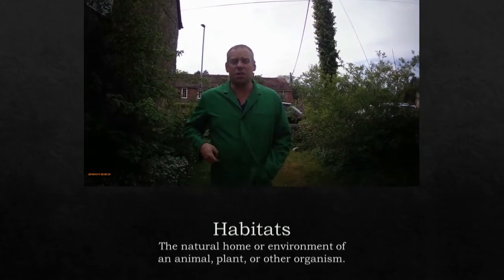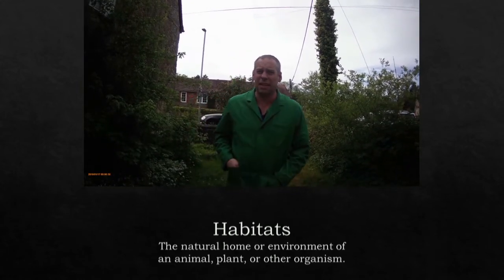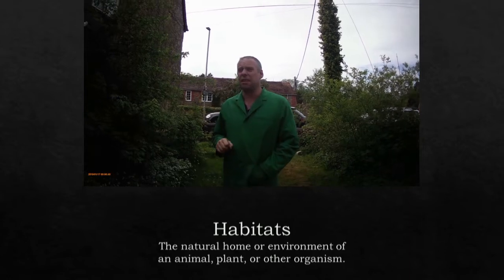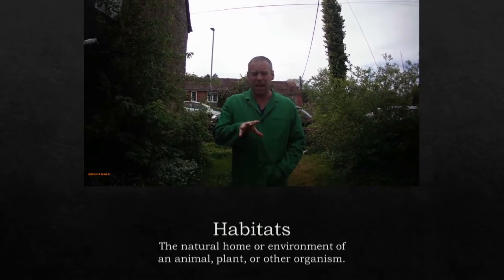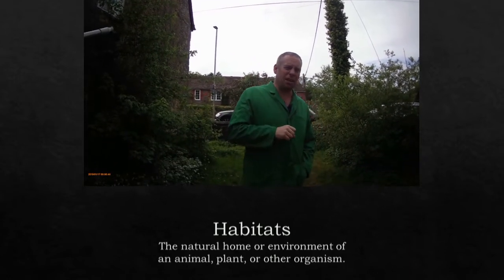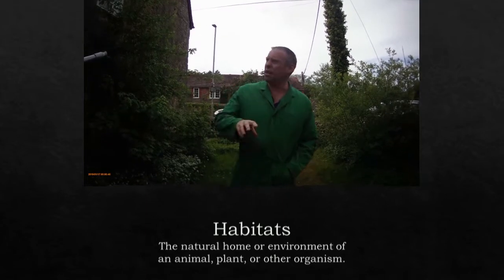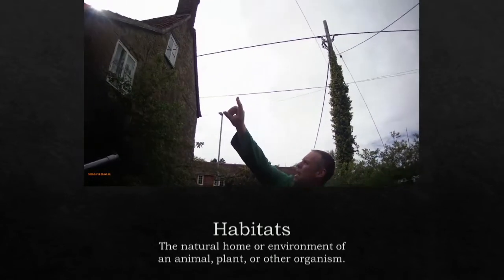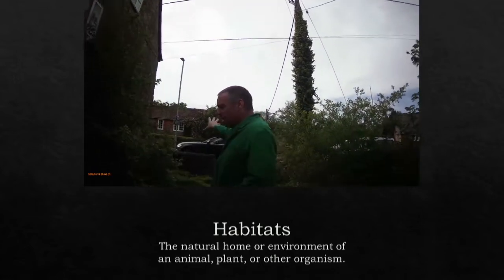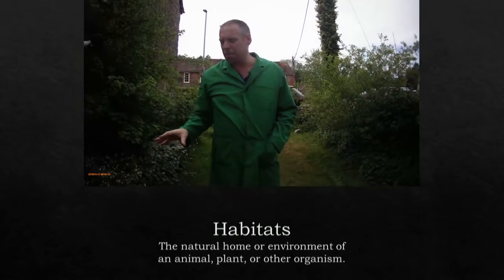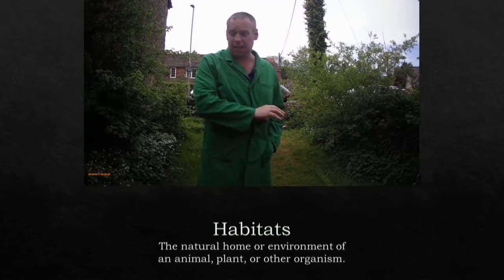And the second habitat I want to show you is in our front garden. Our front garden is north facing, which means the sunlight is blocked by the building for most of the day. And it only really gets sunlight at the last stages of the day as the sun comes just over our next door neighbour's house and comes round and down this way. So here we get a completely different set of species growing.